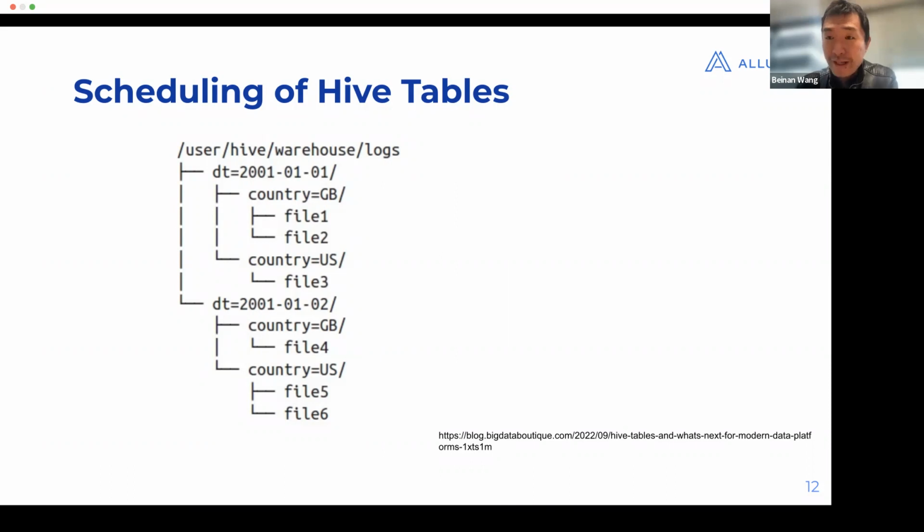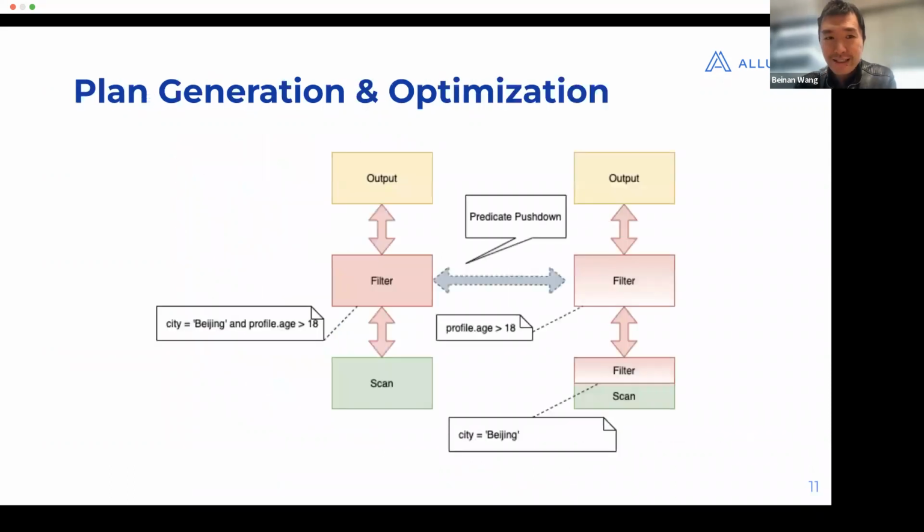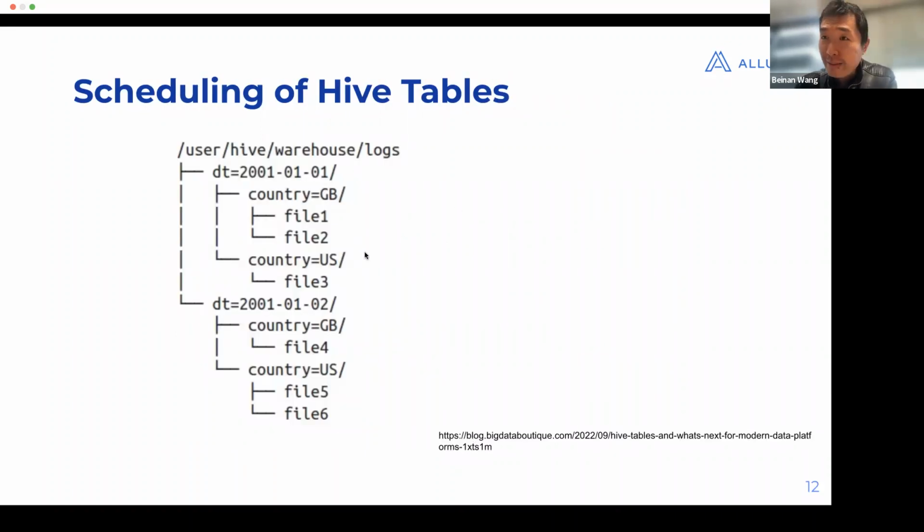And when you have a query with some city, or maybe country, and your table is partitioned by country, dates, whatever, you can just use it. When Presto generates the plan, it will try to match the partitions exactly, which means if you just want to query country equal to US, it won't touch other partitions. It only loads the data from these partitions.